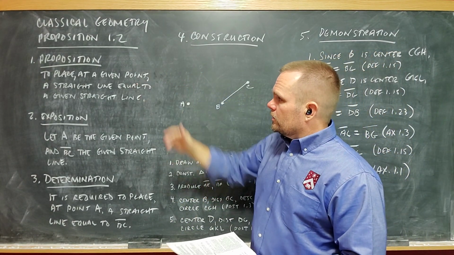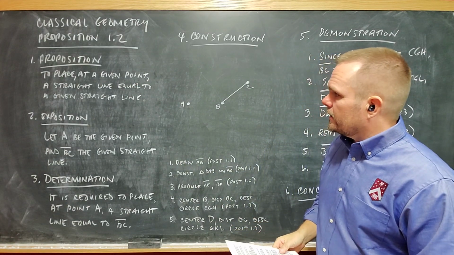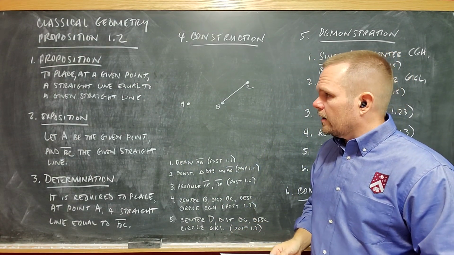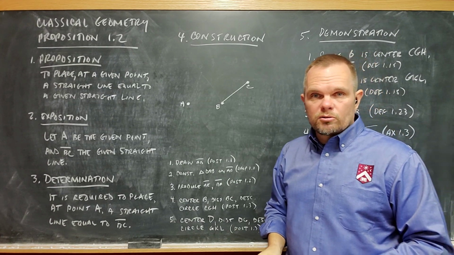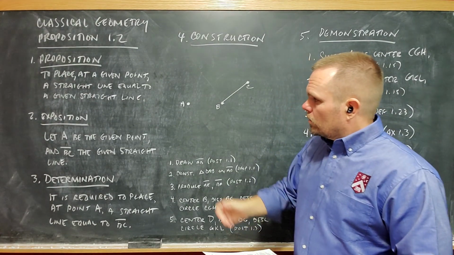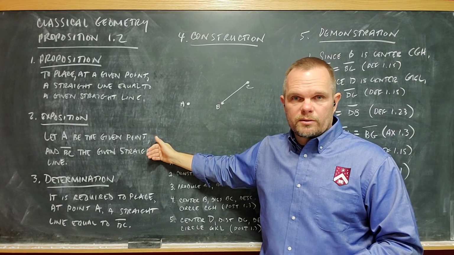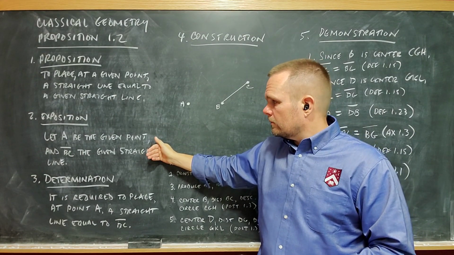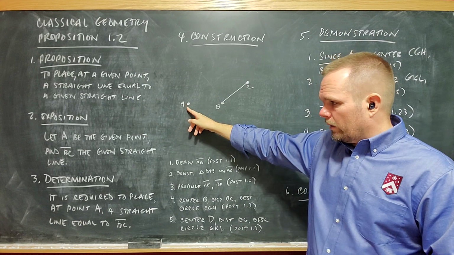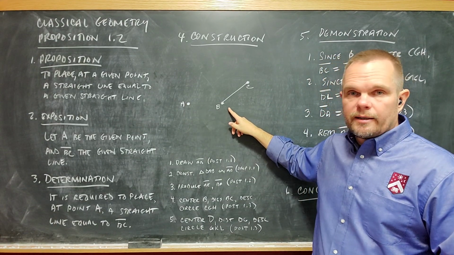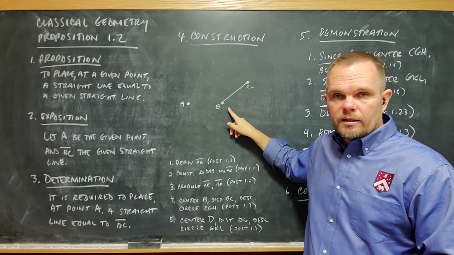So our proposition to review was to place at a given point a straight line equal to a given straight line. We clarified in the exposition what's given to us: let A be the given point, and let straight line BC be the given straight line.